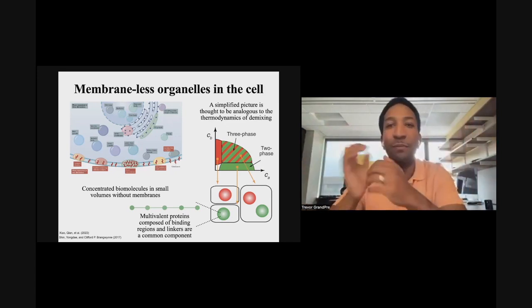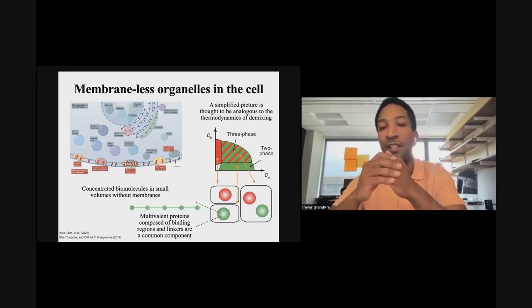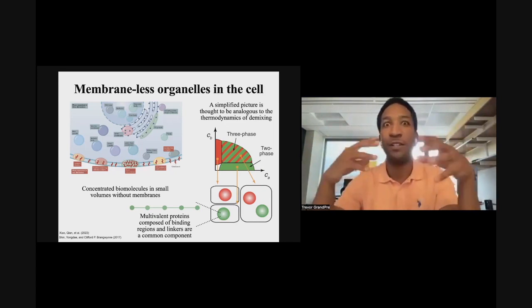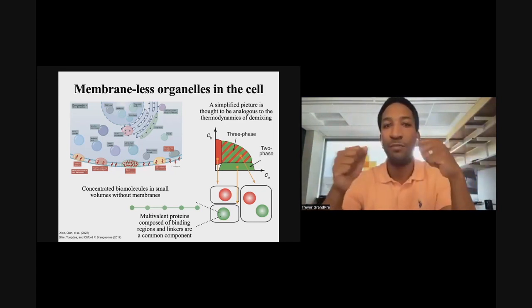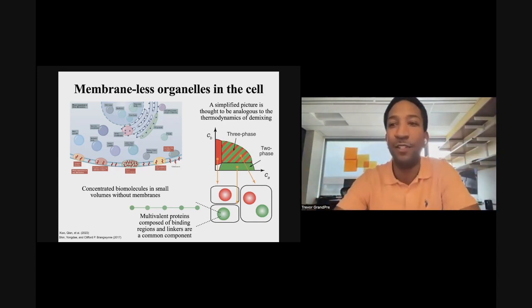So that's also a big part of this field: understanding whether some of these biomolecular condensates have a biological function, and how much the dynamics and microscopic interactions between these proteins give rise to their function.